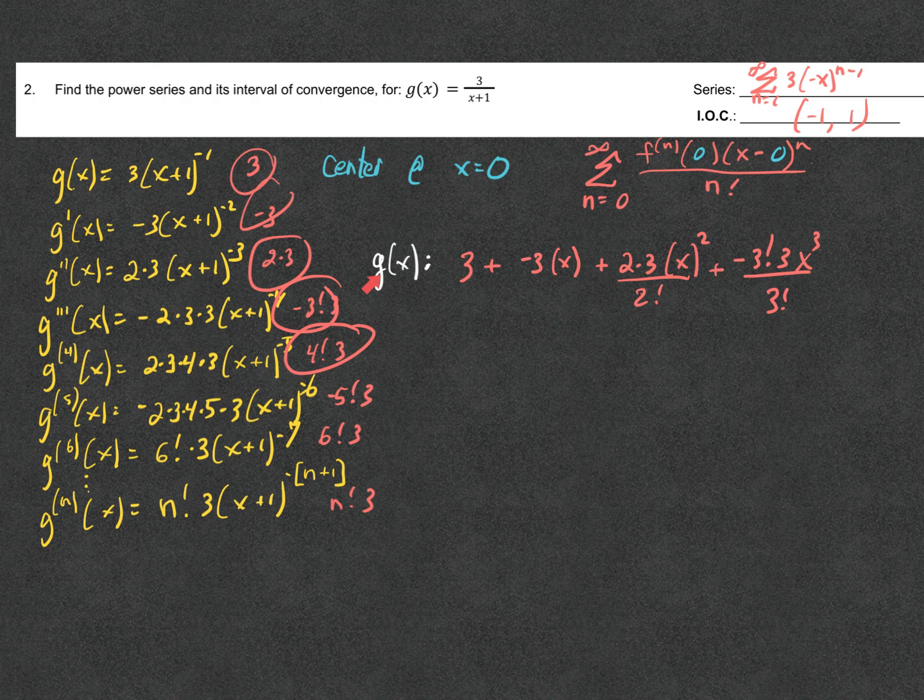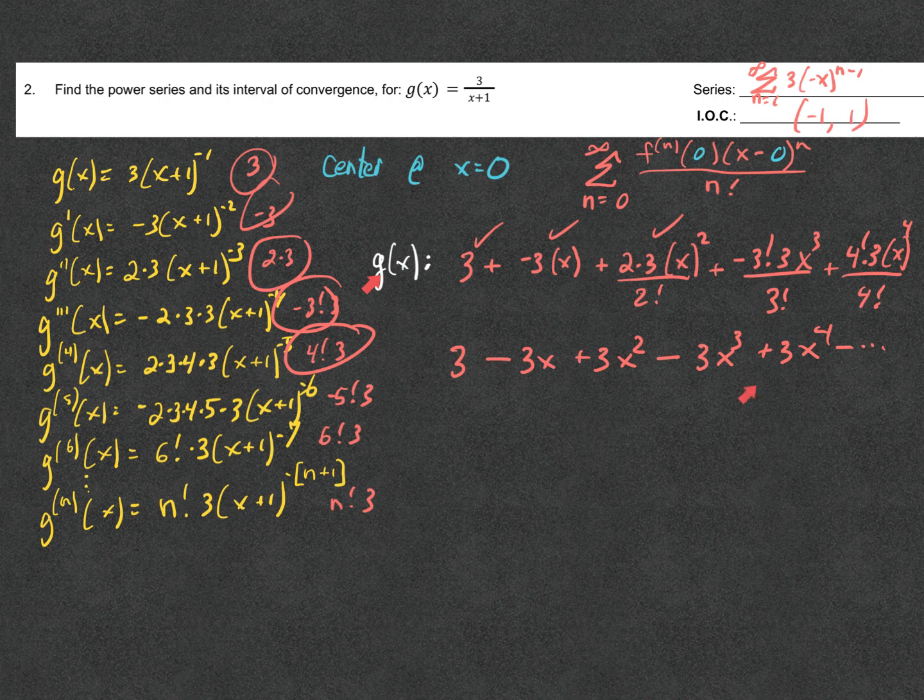When n is 4, we have the fourth derivative, times x minus 0 to the fourth power over 4 factorial. And if we simplify that, we get 3 minus 3x plus 3x squared, the first 3 terms. And then minus, and the 3 factorials cancel out, leaving us with minus 3x cubed. The 4 factorials cancel out, leaving us with 3x to the fourth.